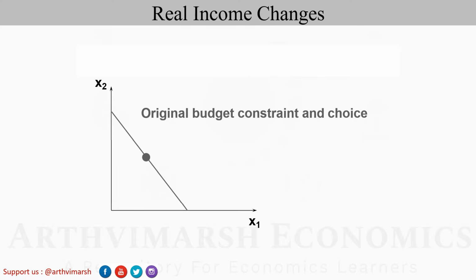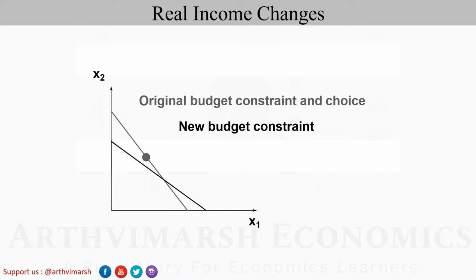Then what happens if there is a fall in the real income? So let us say that our budget line changes in a way that x1 becomes cheaper but x2 becomes expensive. So that's why this kind of rotation took place. So this rotates outward and this rotates inward.